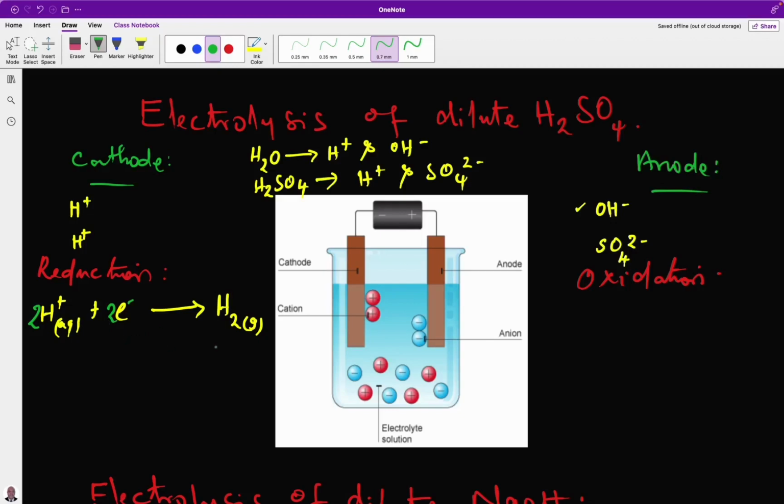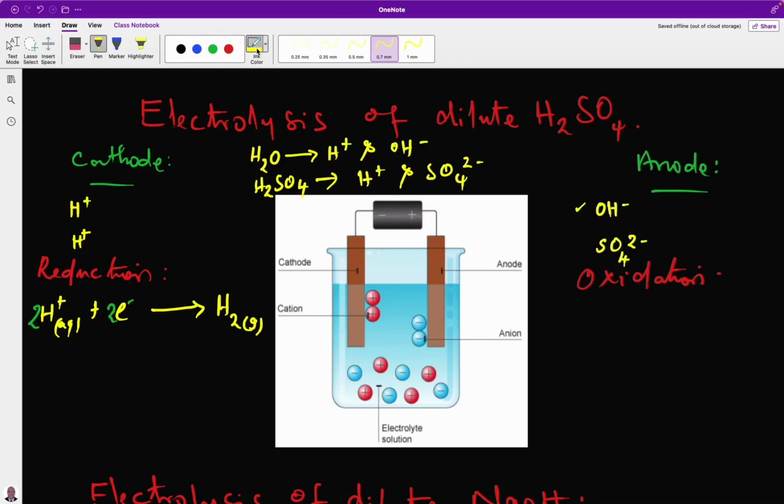Now, on our oxidation half equation, what is happening? Since we took OH, what is OH going to do now? OH is going to undergo oxidation. Oxidation means what? Loss of electron.